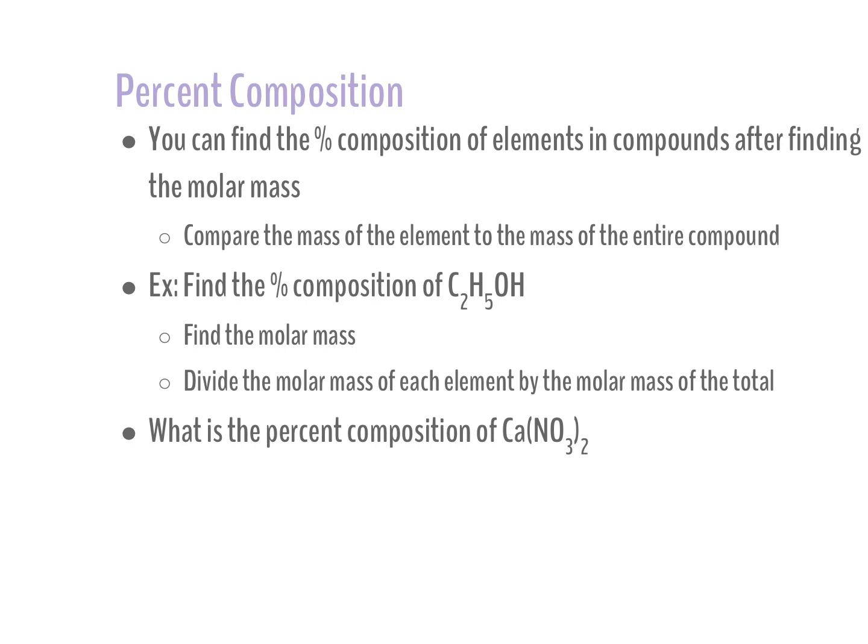So if I want to find the percent composition of this compound, first thing I have to do is find the molar mass. Okay, so I'm going to come over here and do that. 24, right? 2 carbons, so 24 plus 5 plus 16 plus 1 gives me a molar mass of 46 grams per mole.